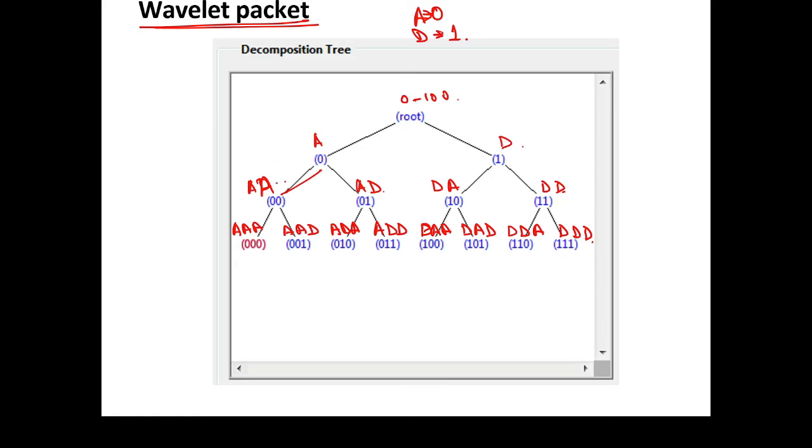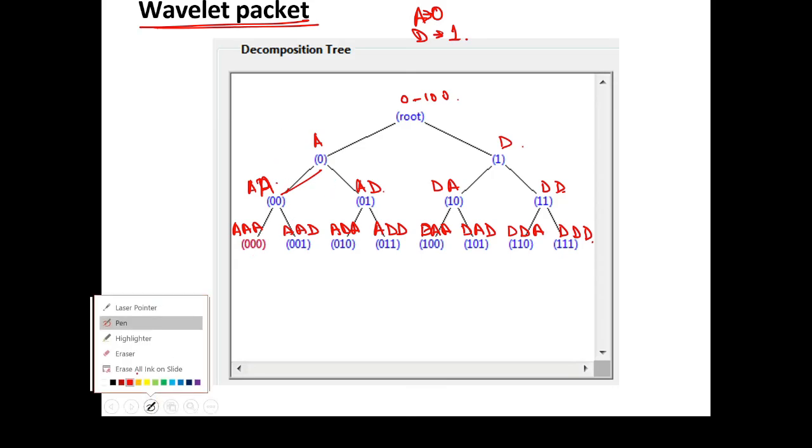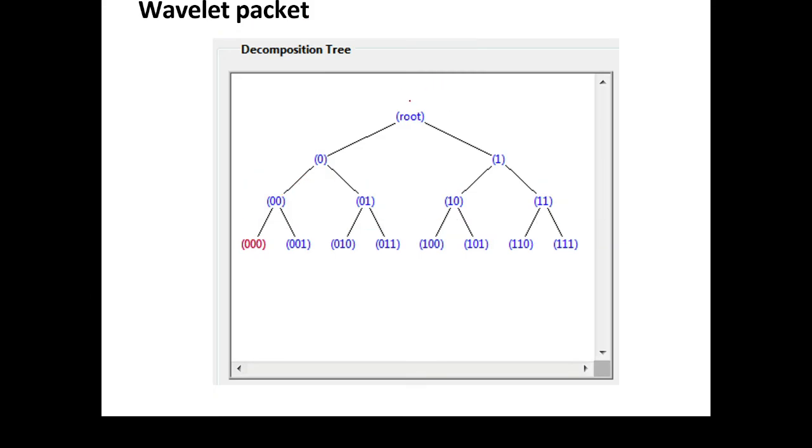Okay. Now if you want to see 0 to 100, we have 0 to 50 and 50 to 100. Now 50 to 75 and 75 to 100. Now we know that 60 hertz is within this region.